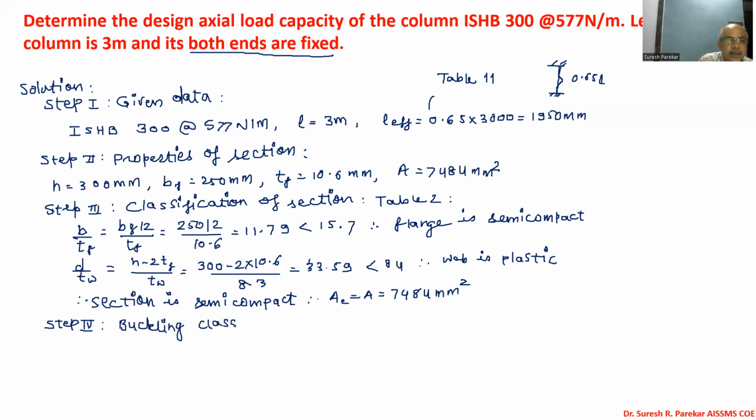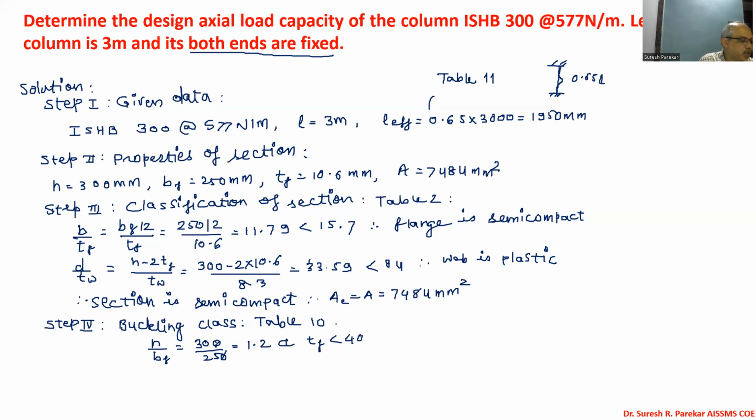Buckling class. Now we have for this buckling class table 10. Now first we have H by BF. H we have 300 divided by 250. And this comes 1.2. And TF is less than 40.